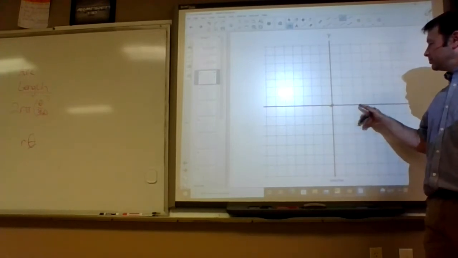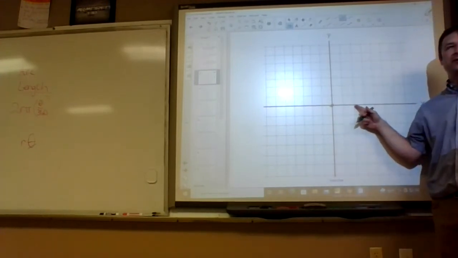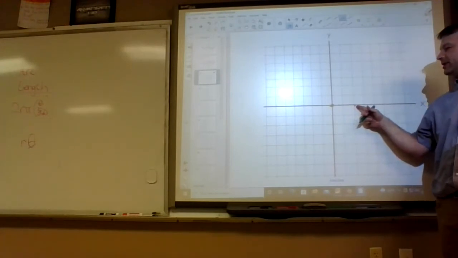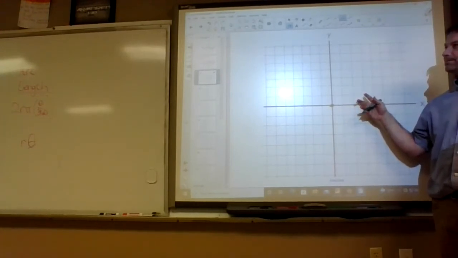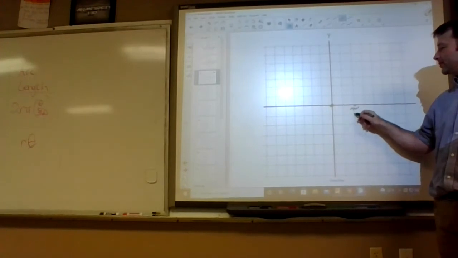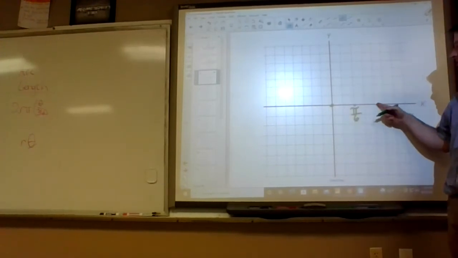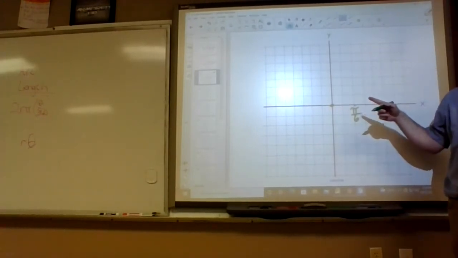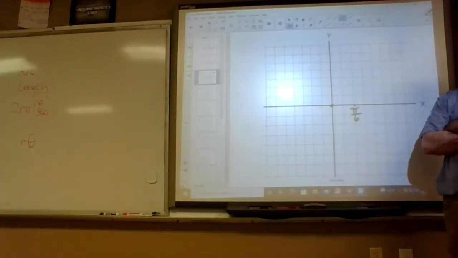Normally this first one I label pi over 2, but if you divide pi over 2 by 3, you'll get pi over 6. So every step would be going up pi over 6.